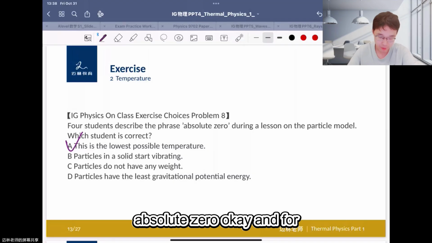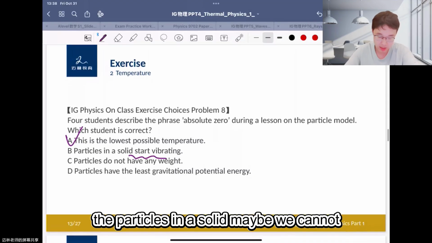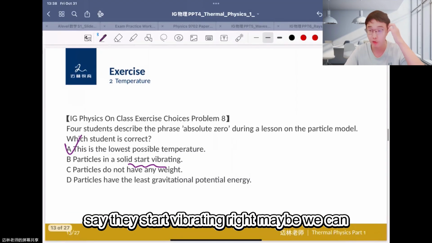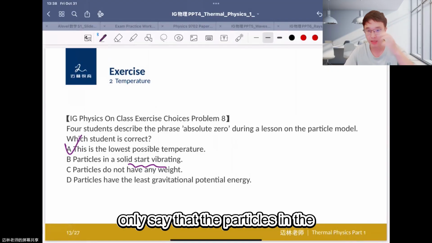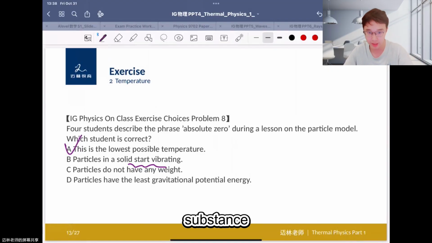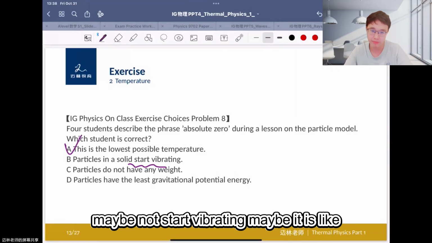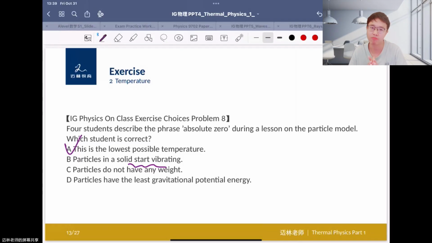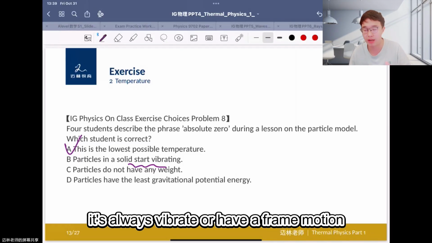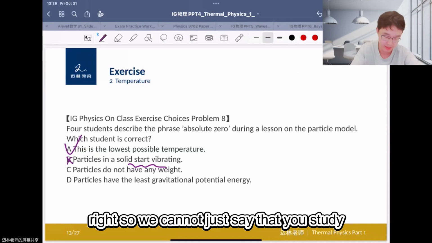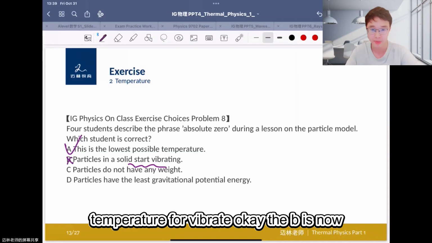And for the particles in a solid, we cannot say they start vibrating, right? We can say that they always vibrate or have free motion, so we cannot say it's the starting temperature for vibration. So B is not correct.